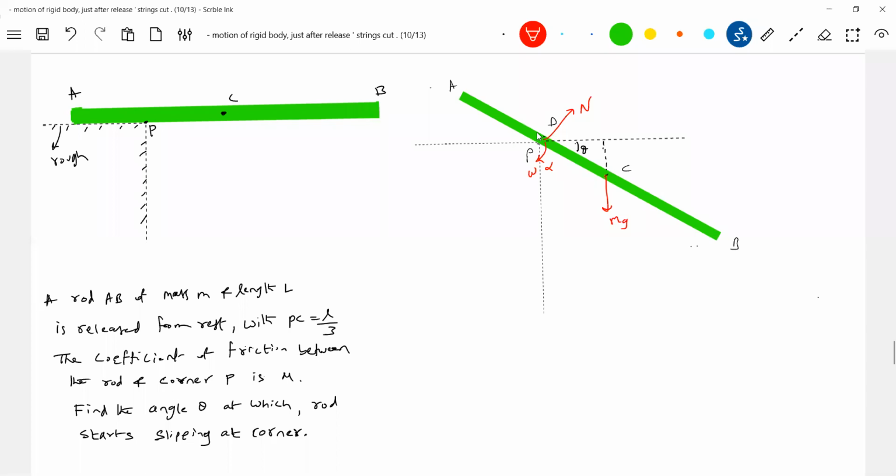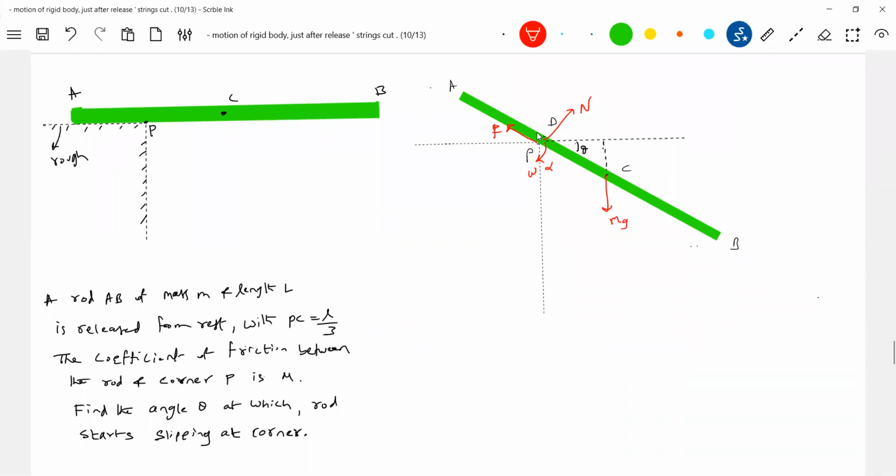Better take the centrifugal force. You stand at point P. The component of weight will act along AB like this. Then the centrifugal force will also act along AB. Then we will balance that with the friction, so the friction should be upward. Agreed, all of you?